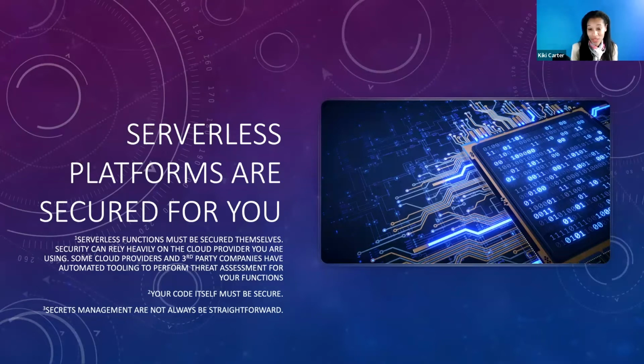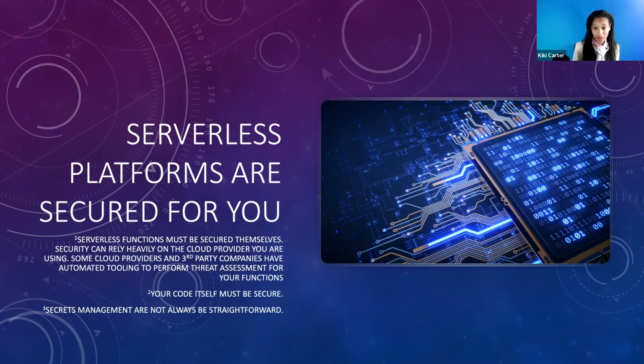Another one, we say serverless platforms are secured for you. And yes, kind of. Usually you do get the benefit of security patches in every platform. Every product may be different and may offer various ways of securing, but your functions themselves have to be secured.